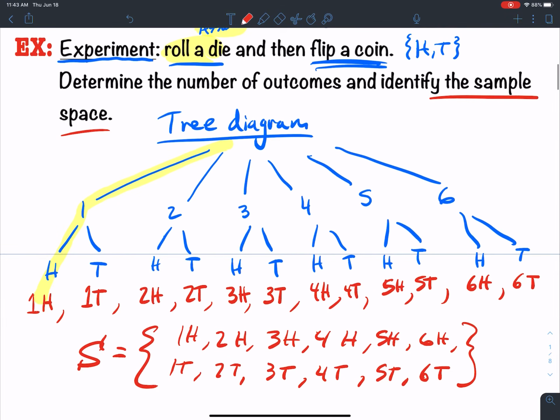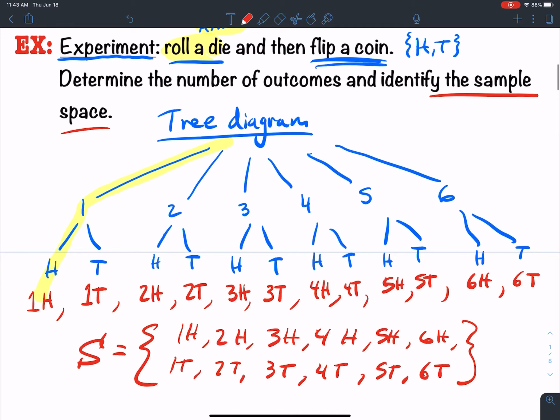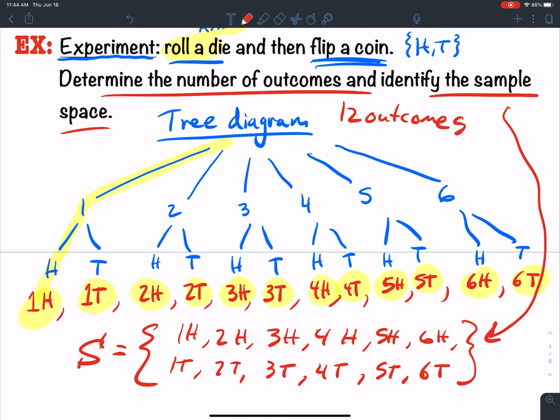Okay, that's the sample space. So how many outcomes are there? There's 1, 2, 3, 4, 5, 6, 7, 8, 9, 10, 11, 12. So to determine the number of outcomes, there's 12 outcomes. Identify the sample space. There's my sample space right there.